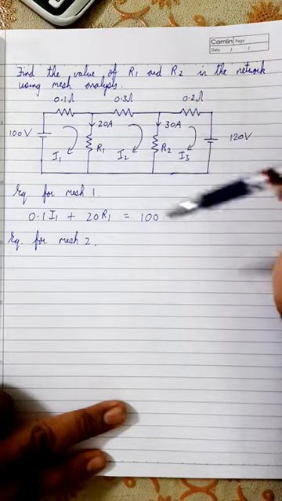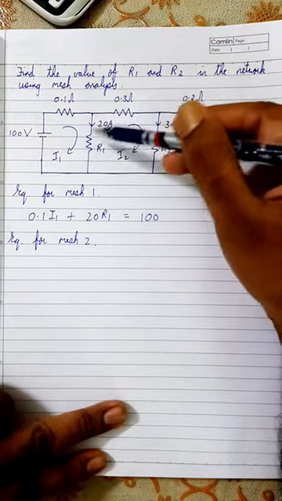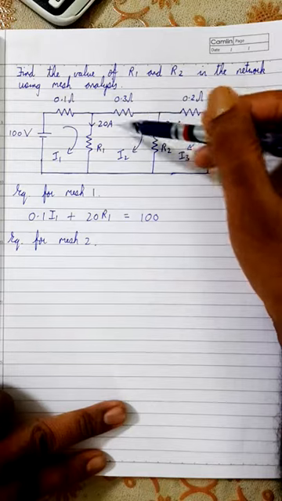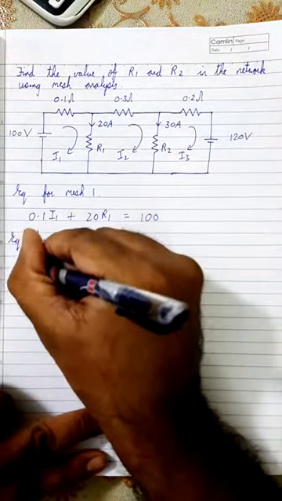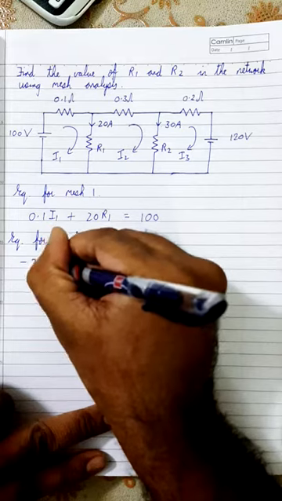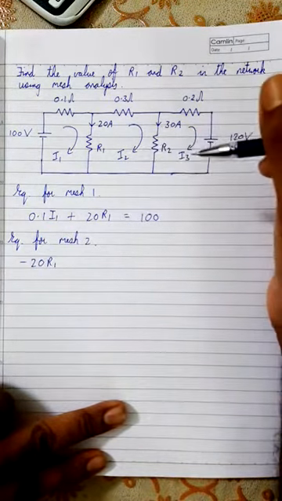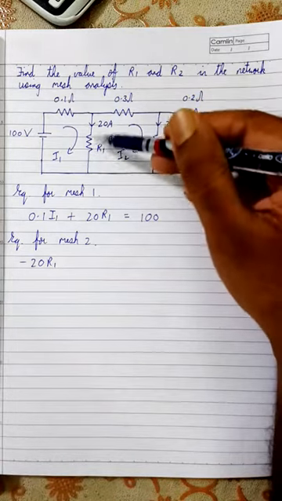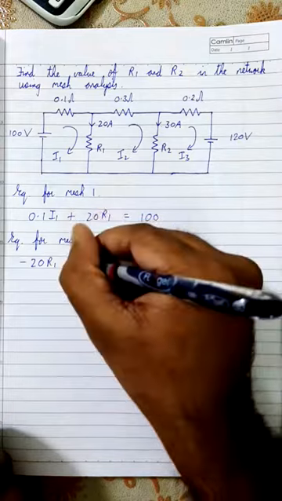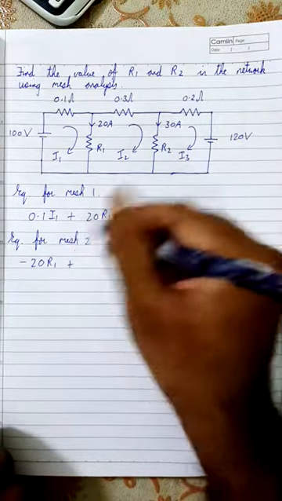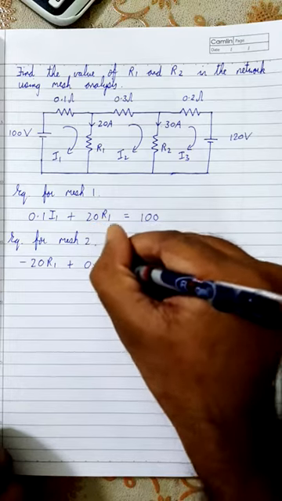I2 is going up, which means this potential difference is opposite to that of the potential difference incurred by I2, which means this is minus 20 R1, the voltage across this resistor, plus the voltage across this, 0.3 I2.